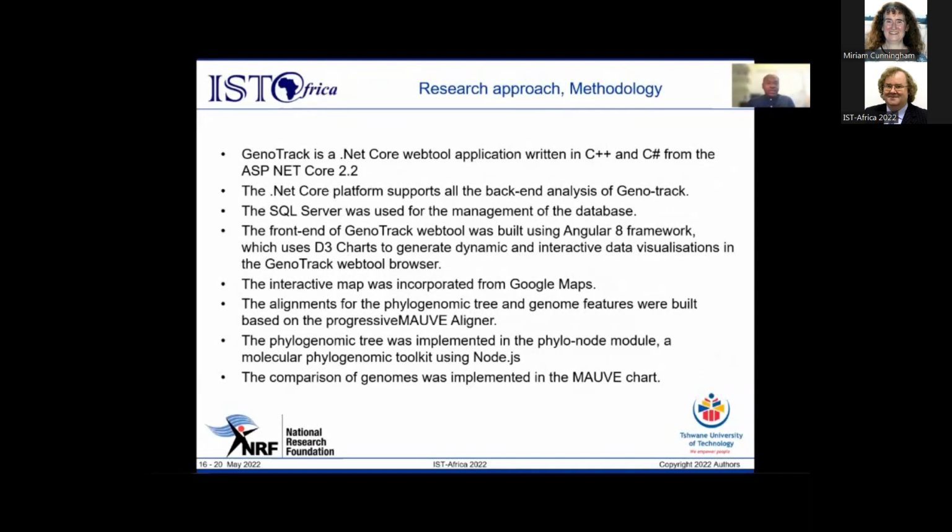The front end of the GenoTrack web tool was built using the Angular 8 framework, which uses D3 charts to generate dynamic and interactive data visualization in the GenoTrack web tool browser. The interactive map was incorporated from Google Maps.